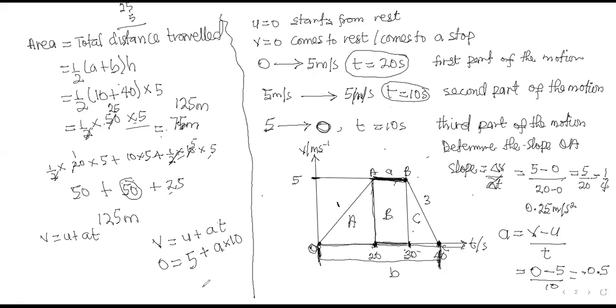So when you send 5 to the other side, you have minus 5 is equal to 10A. To determine A, you divide through by 10, isn't it? And A is equal to negative 0.5 meter per second squared. And this implies that it's a deceleration.